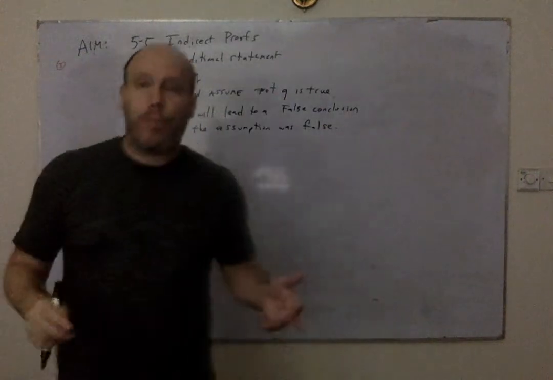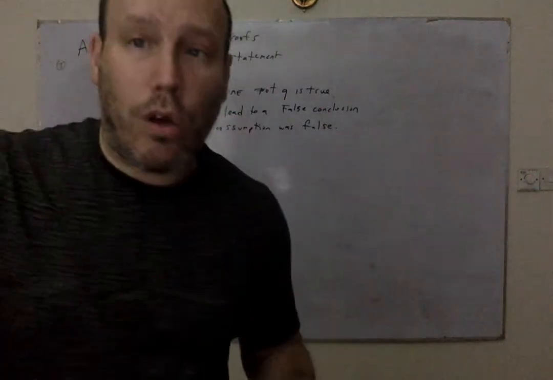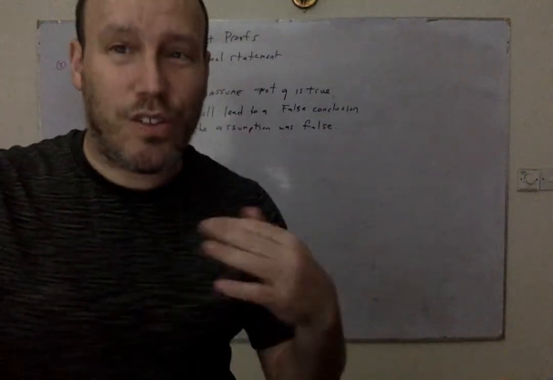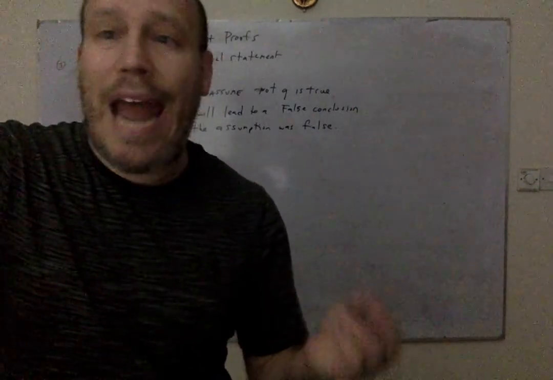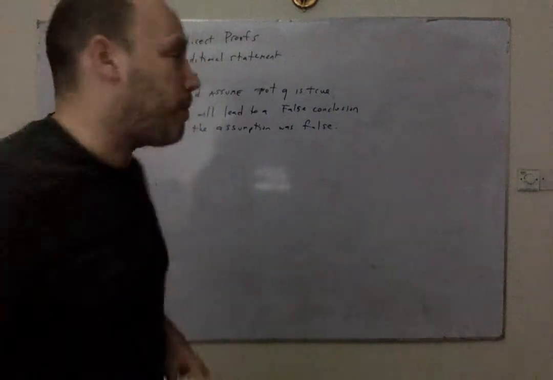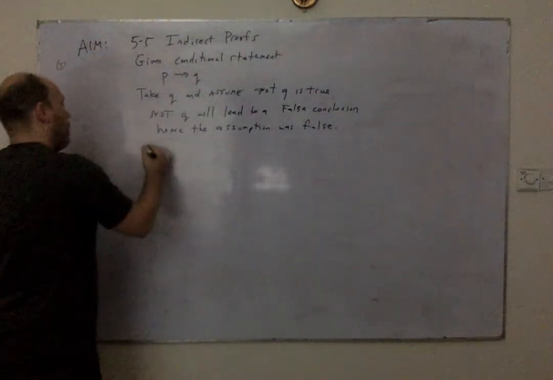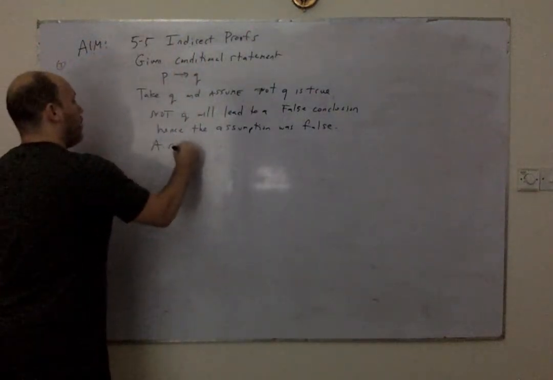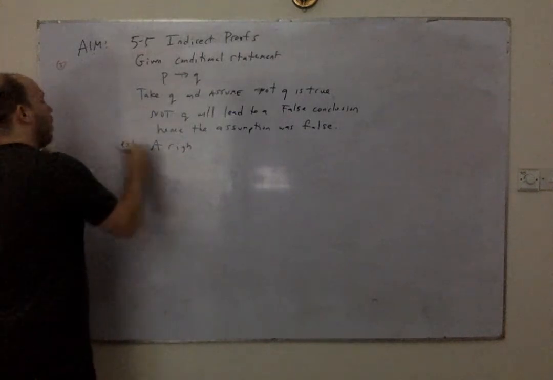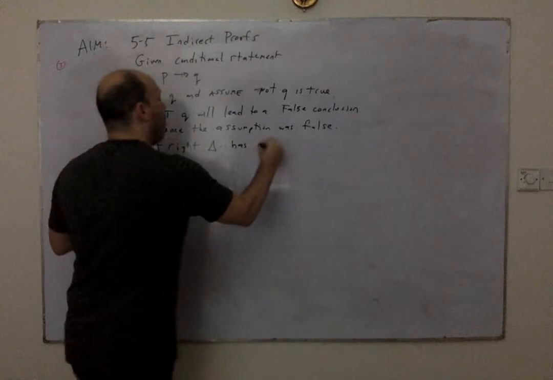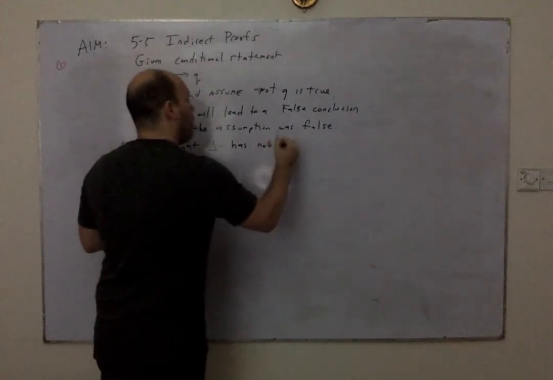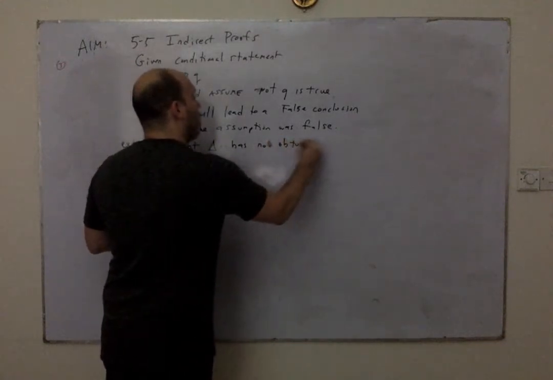Here's an example. A scalene triangle, no, I'm sorry, here's the statement. If a triangle is a right triangle, then it has no obtuse angles. Example 1, a right triangle has no obtuse angles.